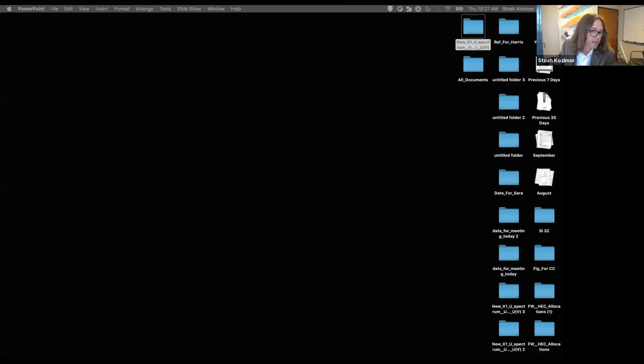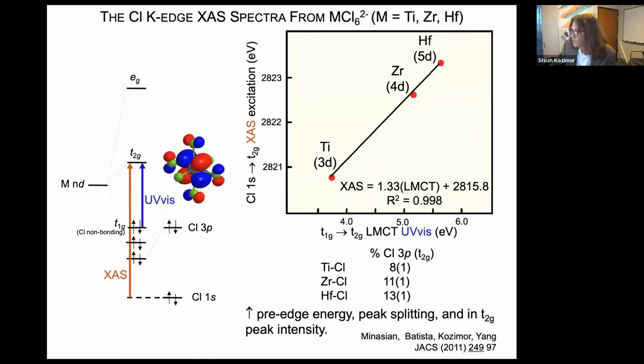Hang on one second. You can see that optically using UV vis. So here, let me see if I can display this. So that's known. This is a nice correlation as well.